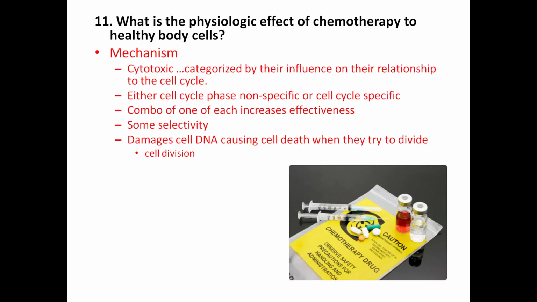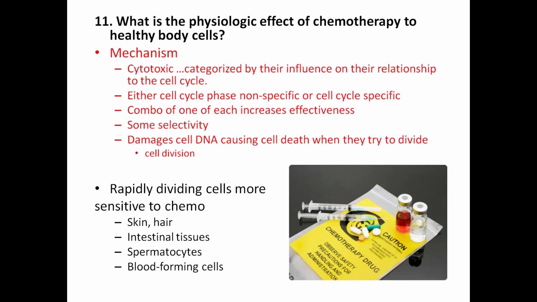So the cytotoxics are categorized by their relationship to the cell cycle, either cell cycle non-specific or cell cycle specific. A combination of these increases the effectiveness. There is some selectivity, and it damages the cell DNA, causing cell death when it tries to divide. Rapidly dividing cells are more sensitive to chemo.